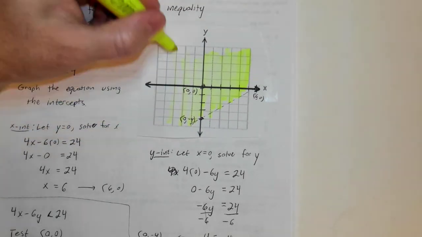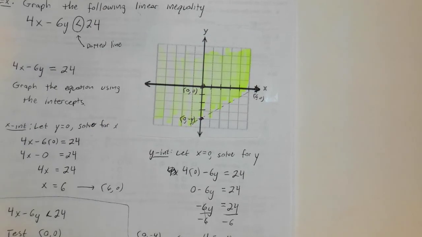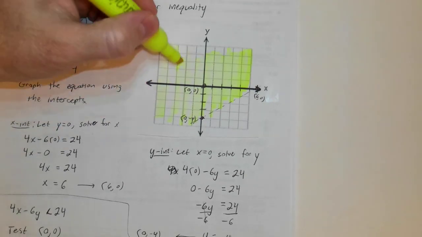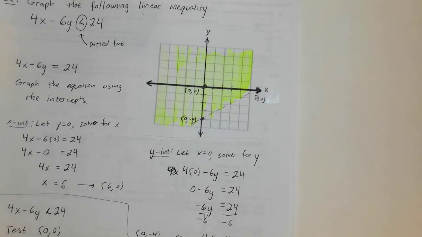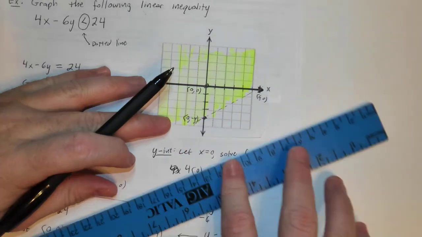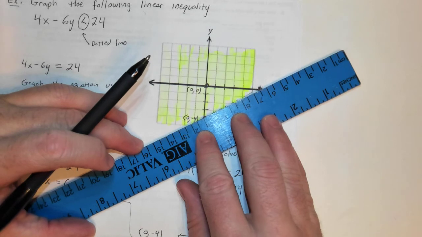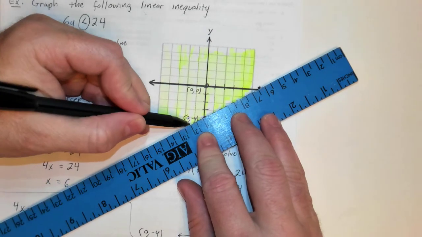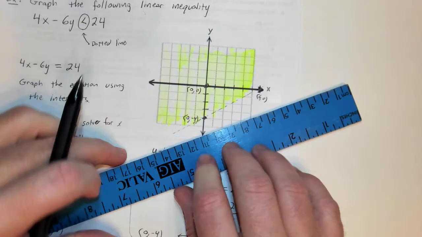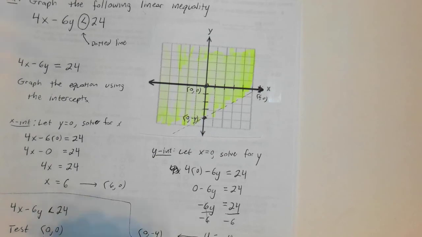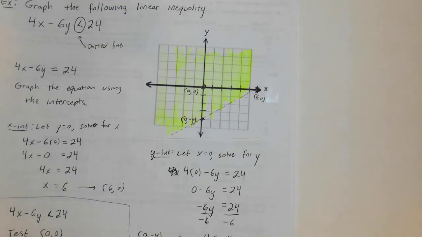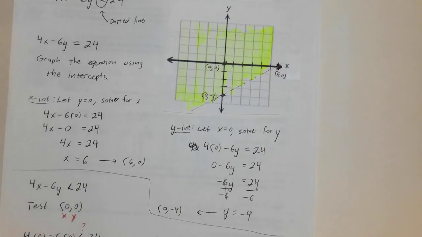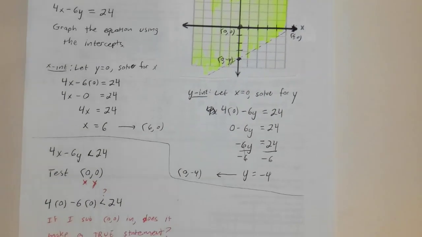The graph goes down forever, so it actually includes all of this. The graph is continuing forever, even though we can't see it. Of course, your computer only will include so much of the graph, but it does keep on going. So that is how we solve a linear inequality.